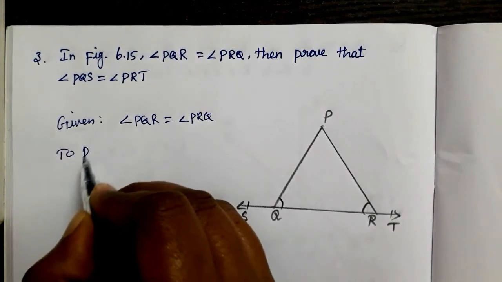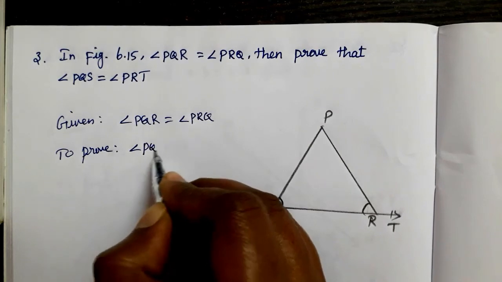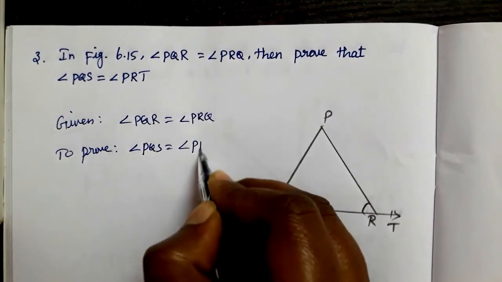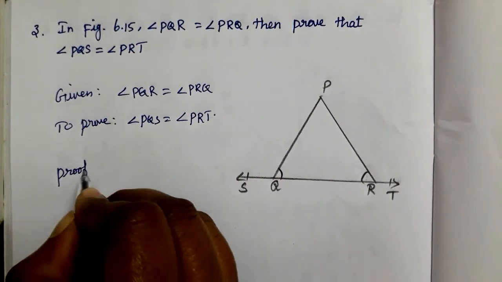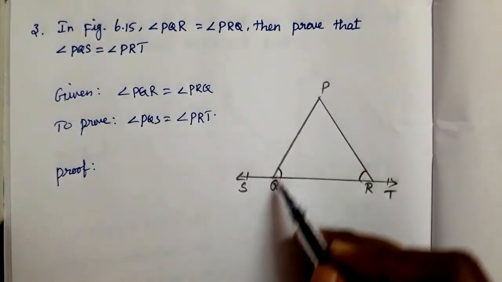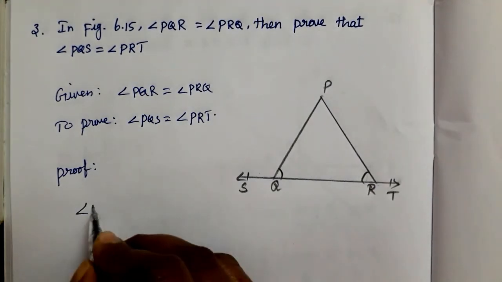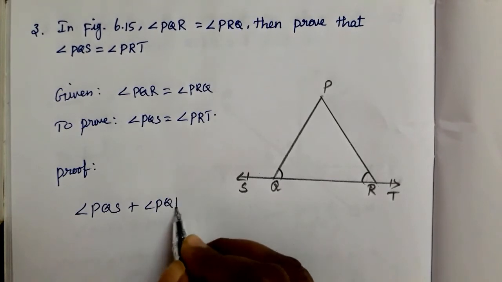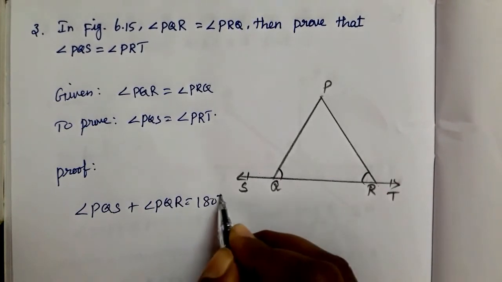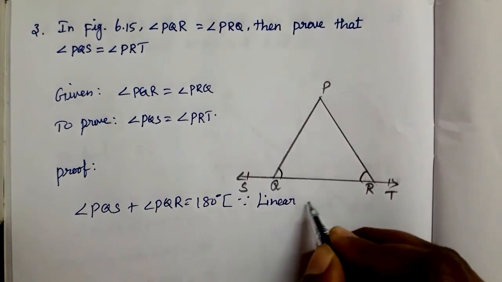To prove angle PQS equal to angle PRT. Here ray PQ standing on the line SR. So angle PQS plus angle PQR equal to 180 degree because linear pair of angles.